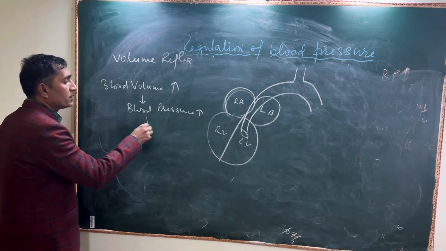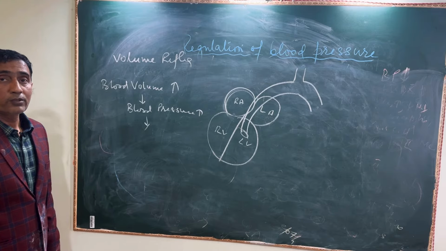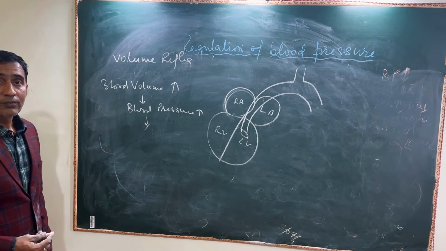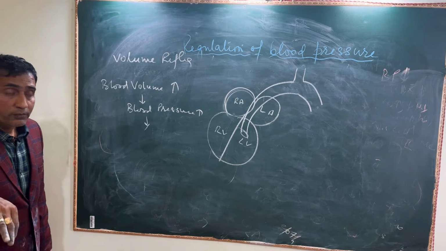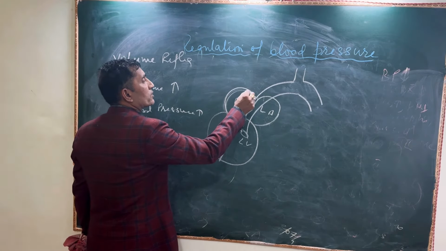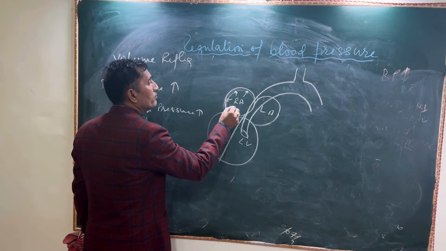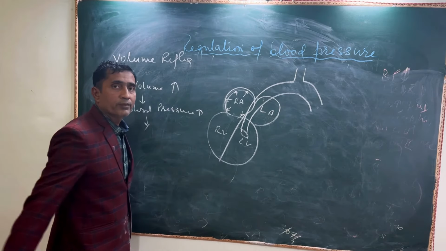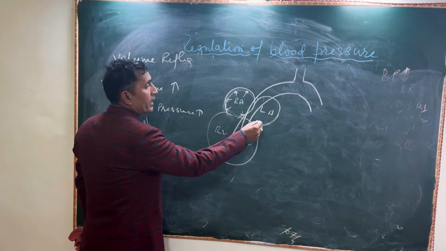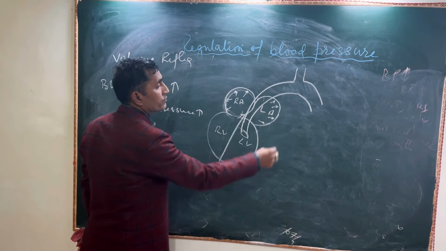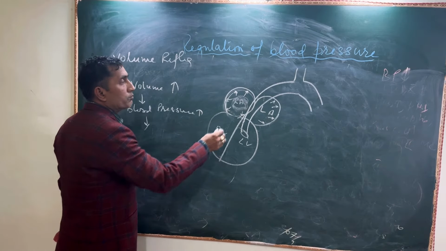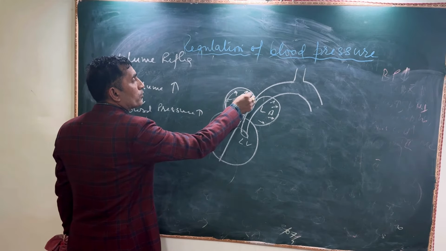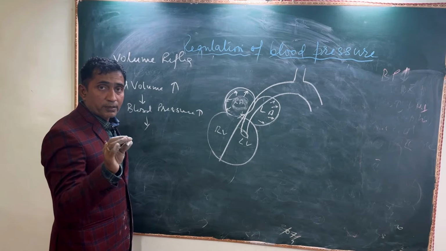If blood pressure is increased, then what will happen? As we all know about the baro reflex, but here we are talking about the volume reflex. There is a stretching we can see in the muscle of the right atrium as well as the left atrium. If there is a stretch, the volume increases here, and this puts extra pressure.